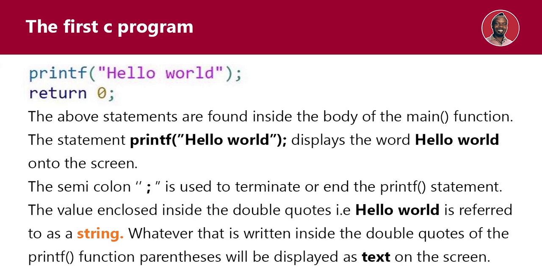The value enclosed inside the double quotes, that is to say hello world, is referred to as a string. If you remember, we defined what a string is. It's a collection or a group of characters enclosed in quotation marks. A string can also be called text.